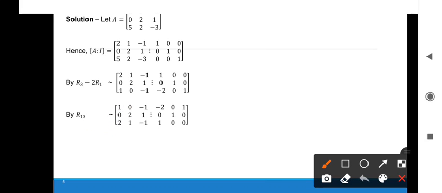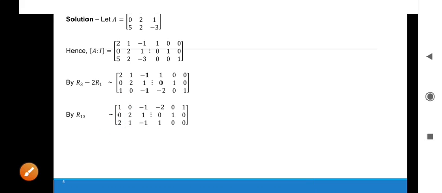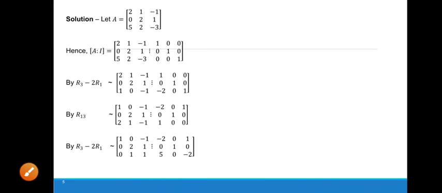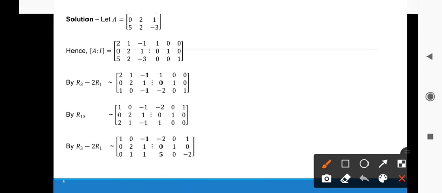Already the second row element is 0. Now our aim is to make this 2 0 using row 1 element. So by the row operation R3 minus 2R1, we get 0 here in this third row first column.